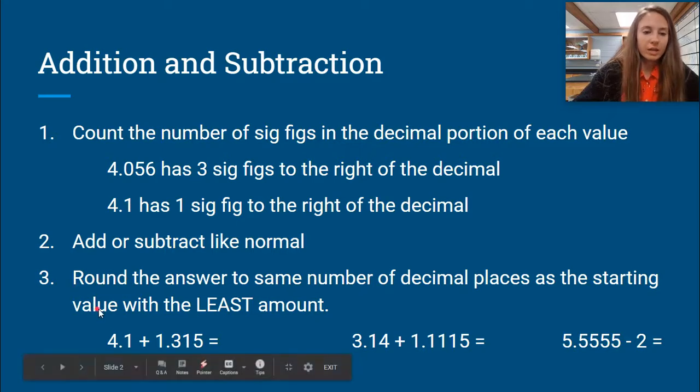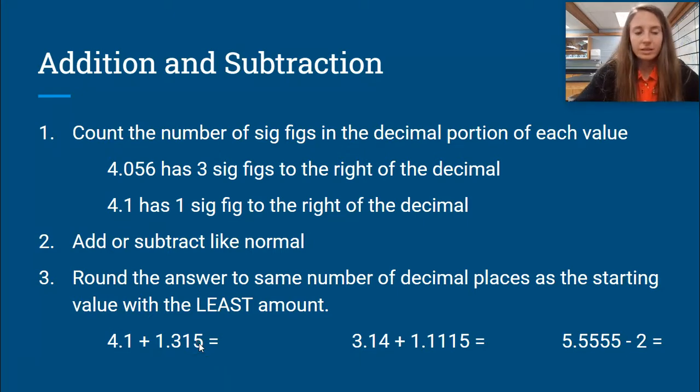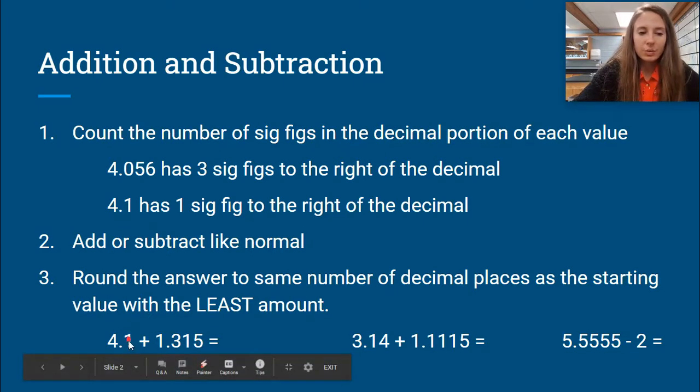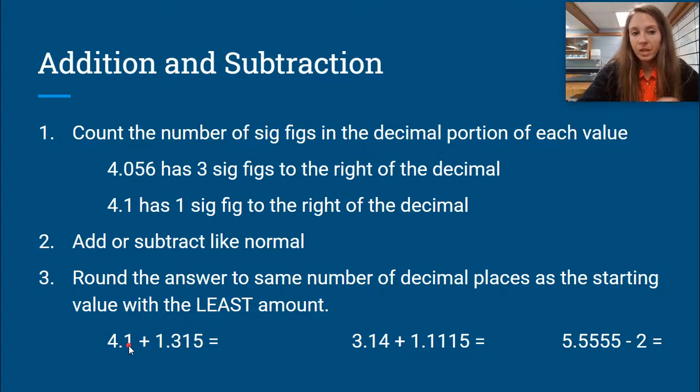So for instance, if we look at this first example here, if we have 4.1, which we determined up here had 1 significant figure to the right of the decimal, we're adding that to 1.315, which has 1, 2, 3 sig figs to the right of the decimal. Whatever our answer is when we actually add those, we need to round it to only have 1 significant figure to the right of the decimal, because 1 is less than 3. Okay?